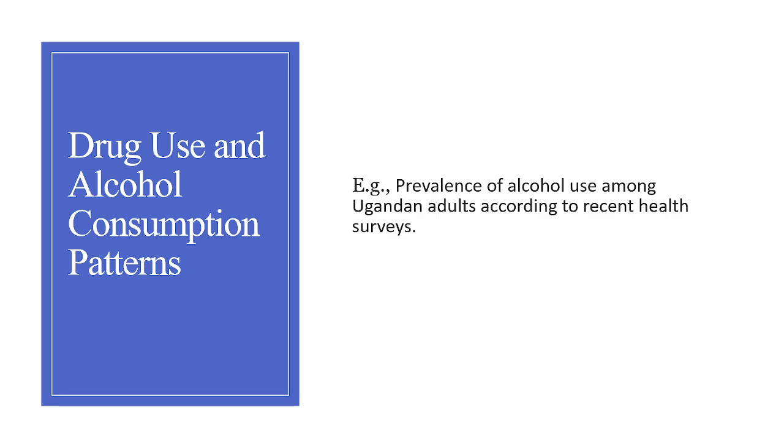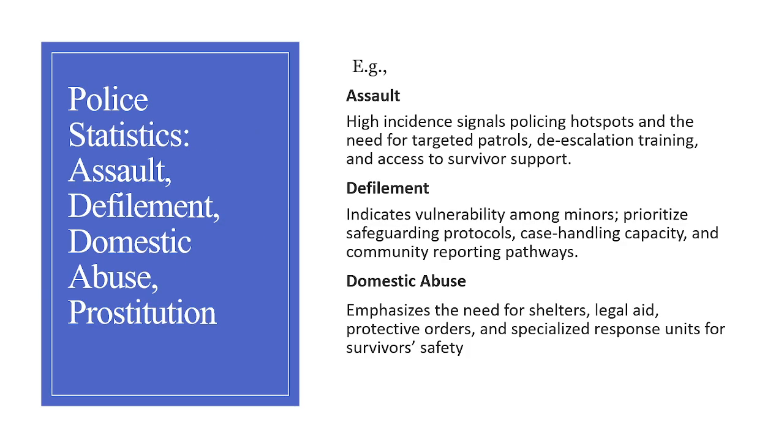So knowing or getting information related to drug and alcohol use in a given community helps the company to develop a drug and alcohol abuse policy to help manage this at the organization level.